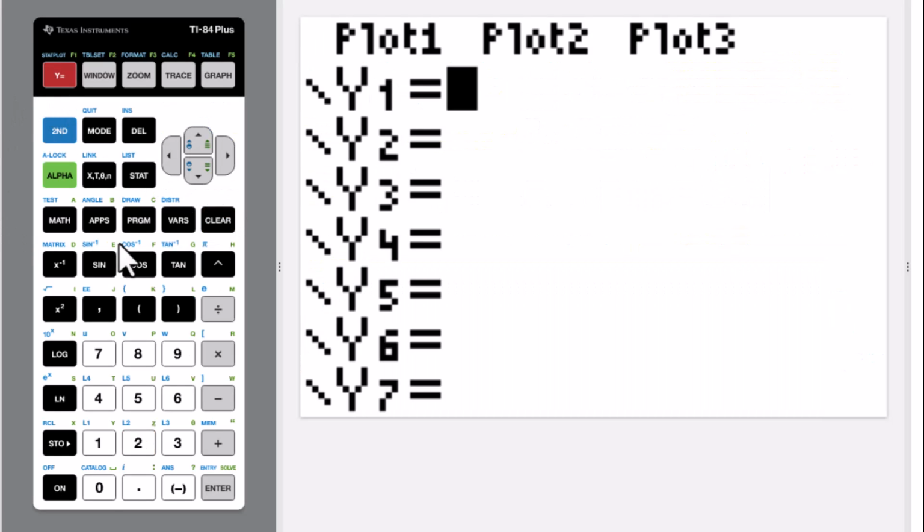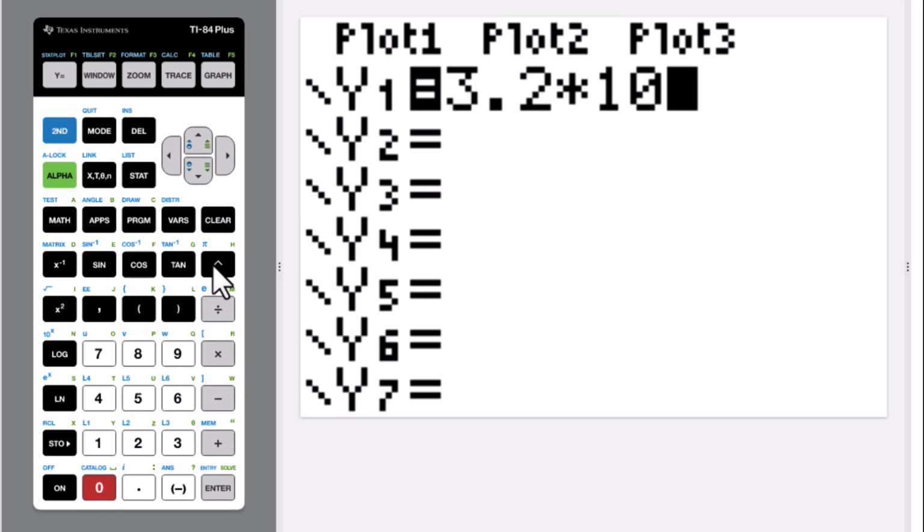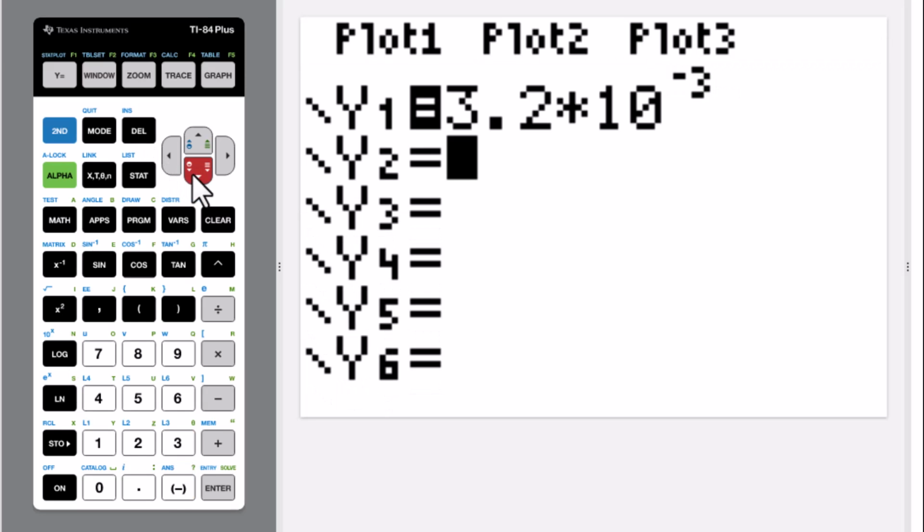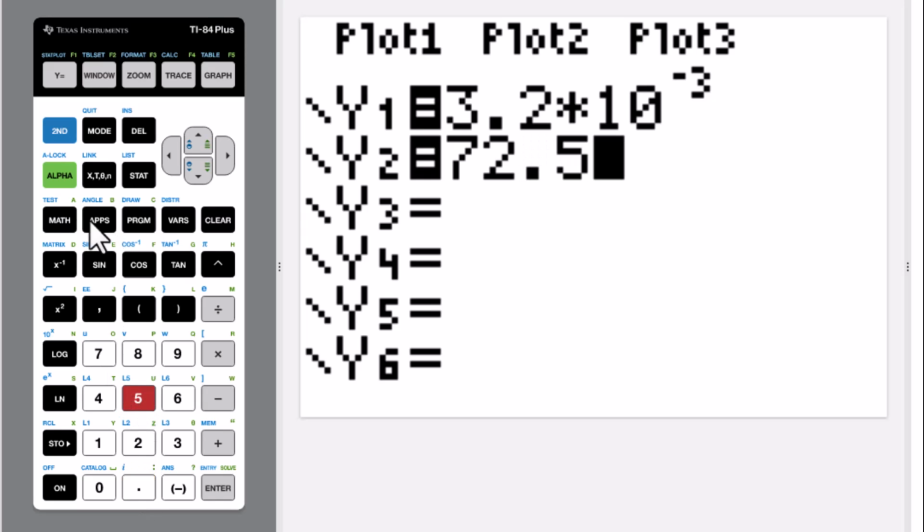Go to y1, 3.2 times 10 to the negative third power. 72.5. We will change x into y1.